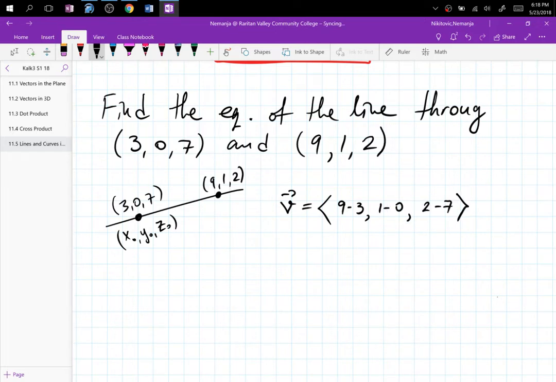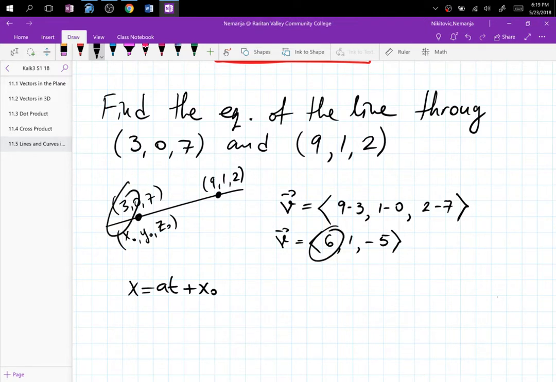It's the terminal point minus the initial point. So vector v, which is our 3D slope, is 6, 1, negative 5. All I need to do now is plug this into the formula and we're done. Our formula is x equals at plus x0. Hey, I have my a and I have my x0. Just plug them in.